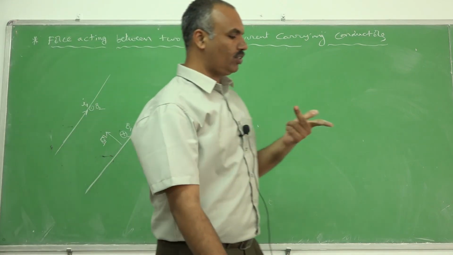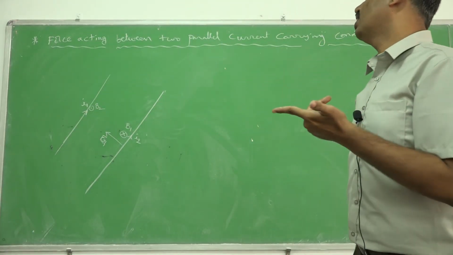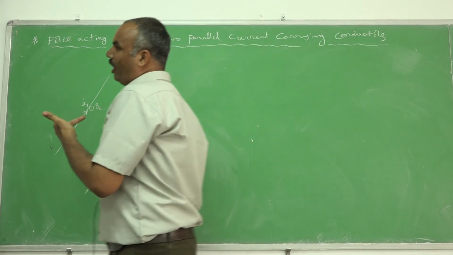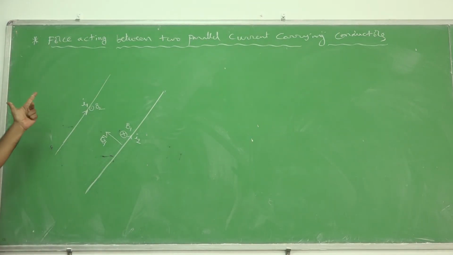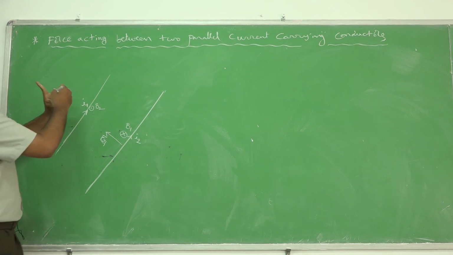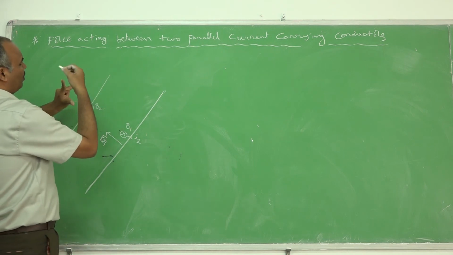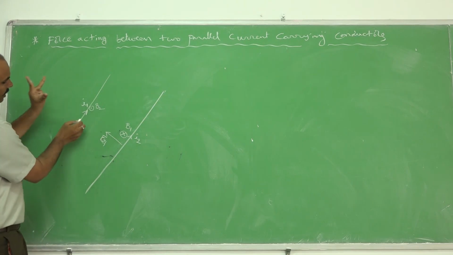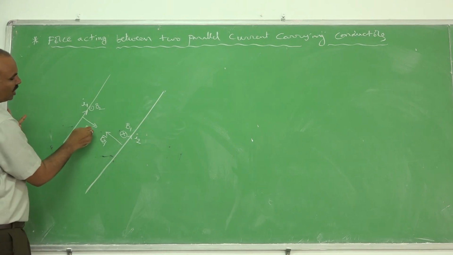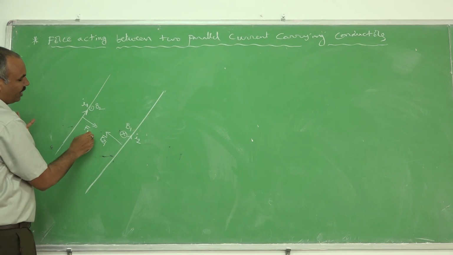How to find that force? Again you have to go for Fleming's left hand rule. According to Fleming's left hand rule, current direction is like this, magnetic field is out of the paper, force is like this. So this is the force experienced by the first conductor because of the second conductor.